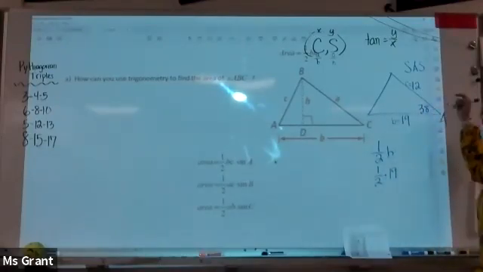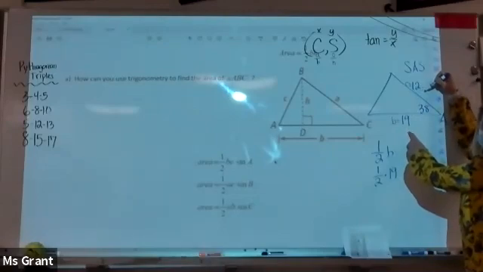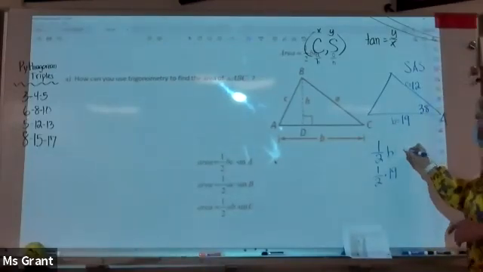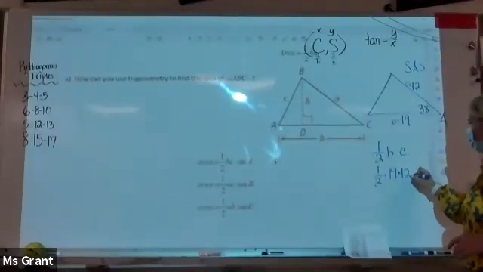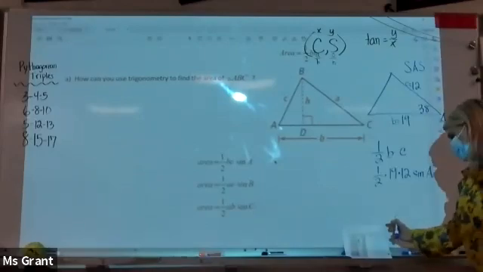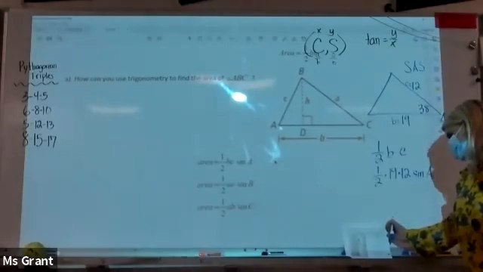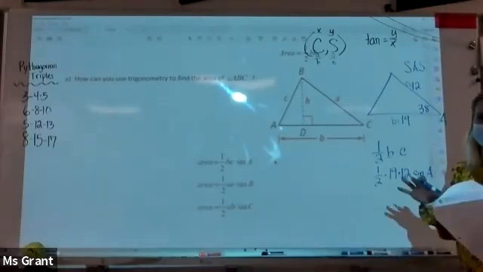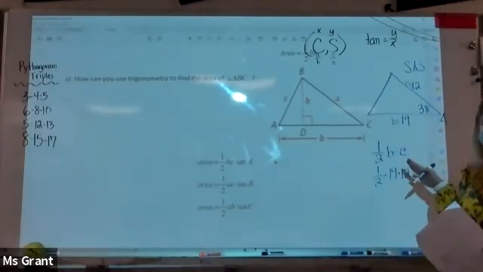Now notice that it's the two sides surrounding my angle, C, which is 12. And then I do the sine of A. Okay? This is me just giving you an example with numbers.